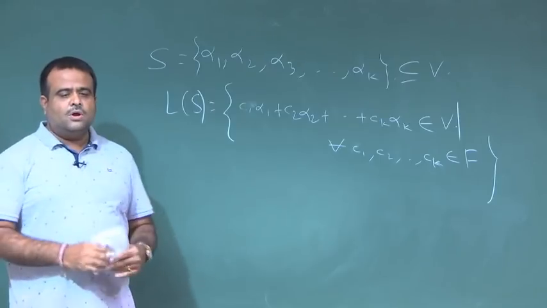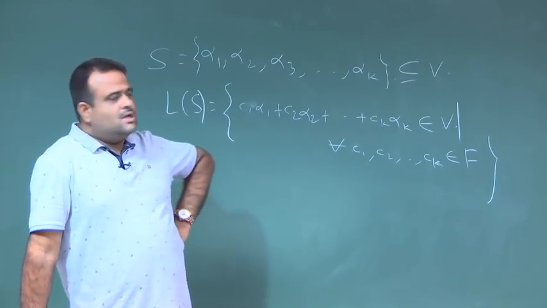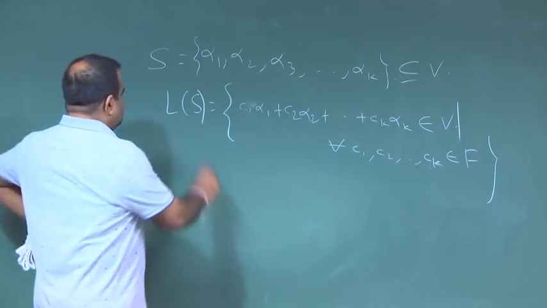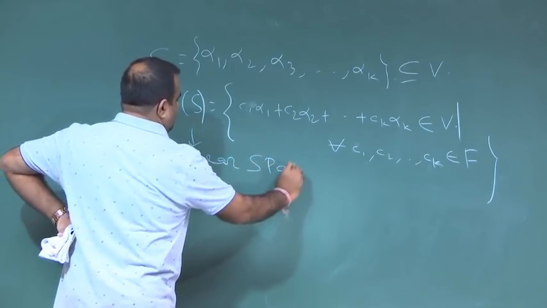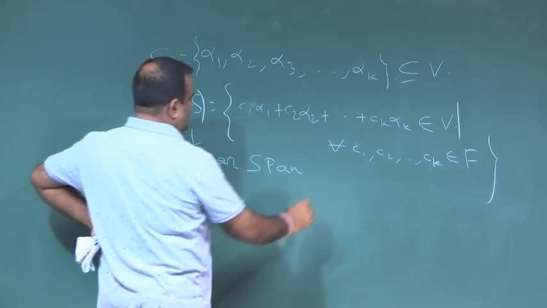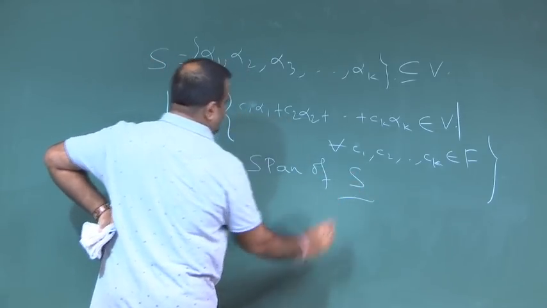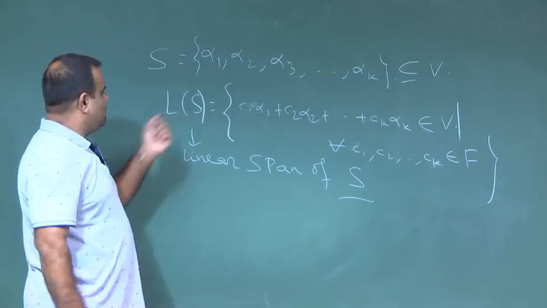So, this will give us all possible linear combinations of these vectors, and this is called the linear span, or span, of the set S, and this is denoted by L of S.